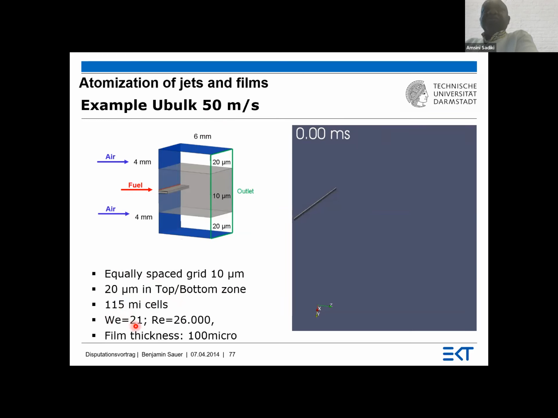The Weber number is 21, and the Reynolds number is fine, and the film thickness is 100 micron, and we have 20 micrometer at the top and bottom. So the computational domain is very, very small, so that we can really refine everything and carry out a correct DNS.